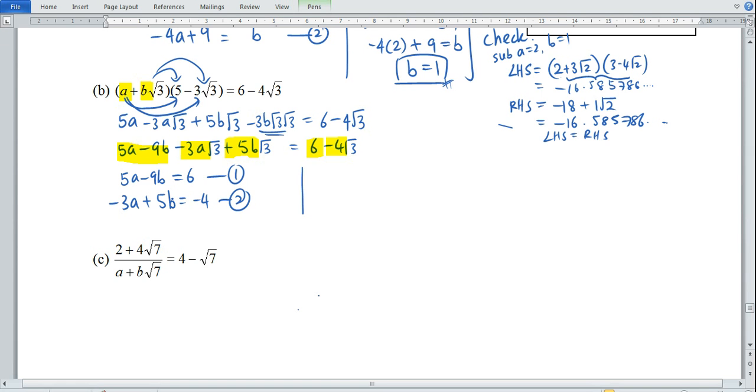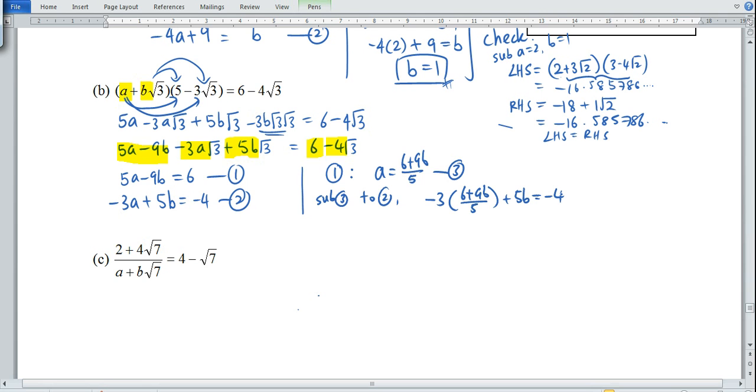So I'm going to make equation 1 become A equal to 6 plus 9B over 5, and I'm going to label this as equation 3. Substitute equation 3 into 2, so I will have negative 3 times 6 plus 9B over 5, plus 5B equal to negative 4.